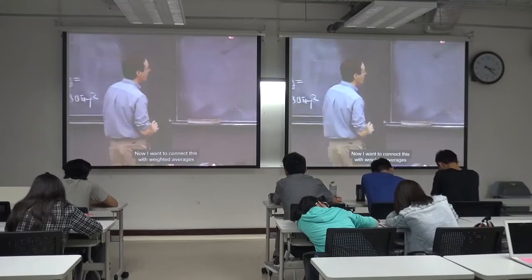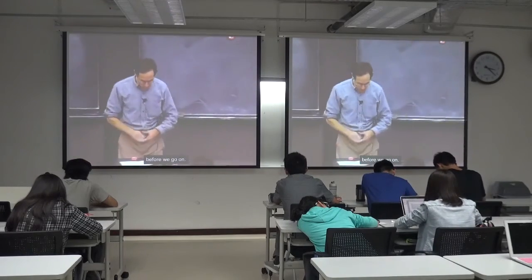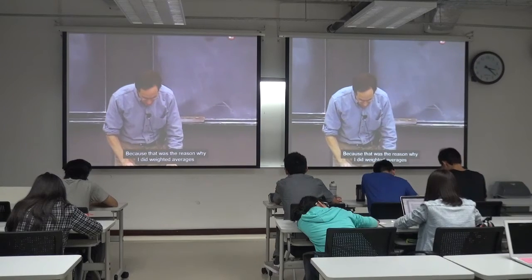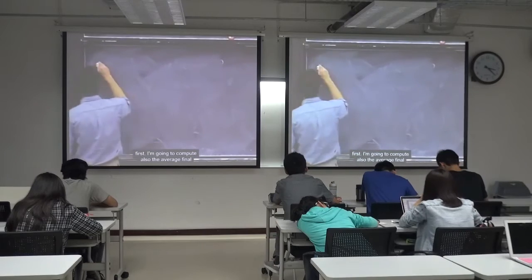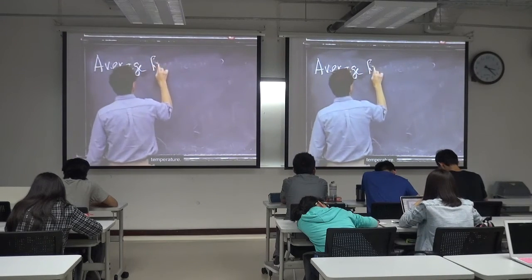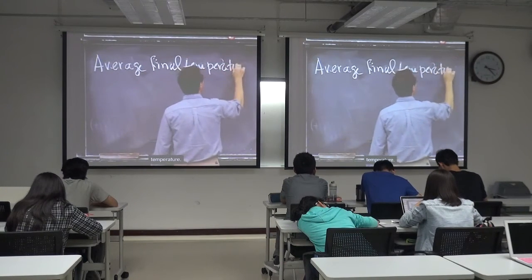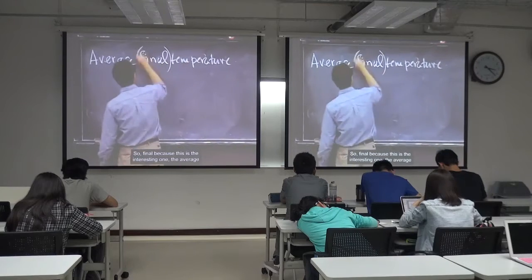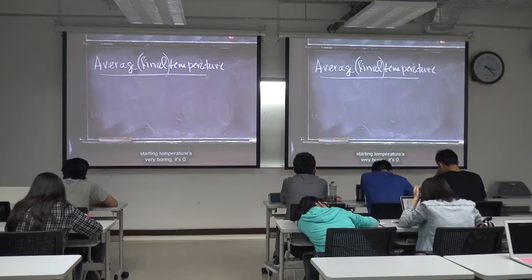All right. Now I want to connect this with weighted averages before we go on, because that was the reason why I did weighted averages first. I'm going to compute also the average final temperature. The average starting temperature is very boring, it's 0.